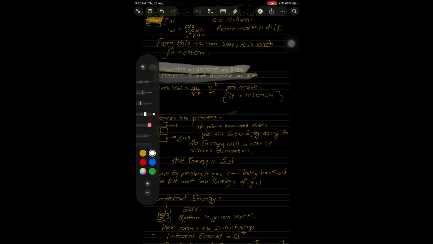Similarly, what about the extensive property? For example, if there are 5 moles in the system, we are working upon a gas whose volume is 50 liters.